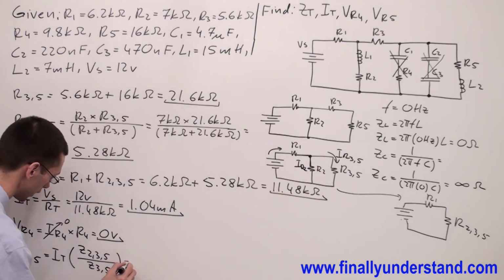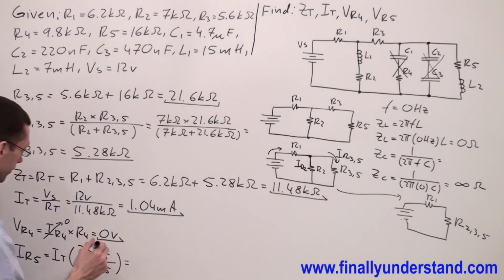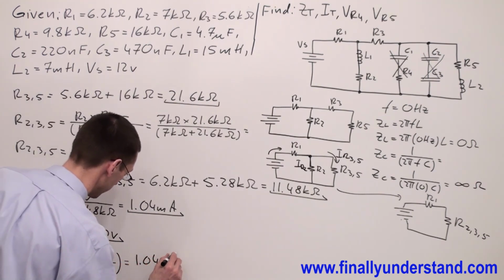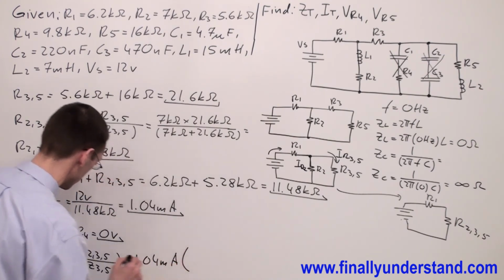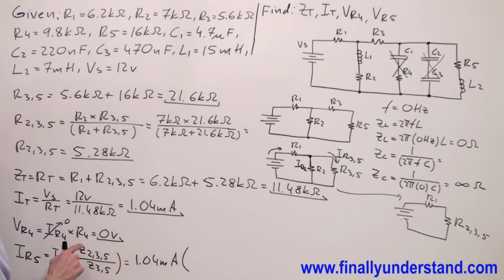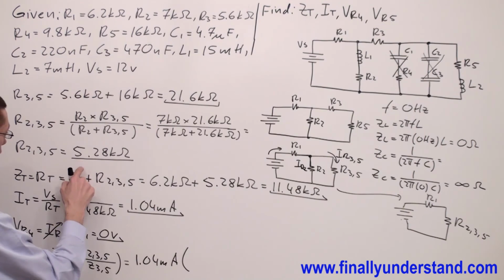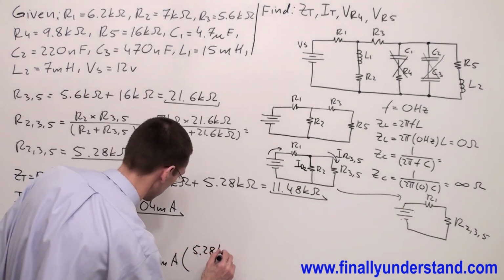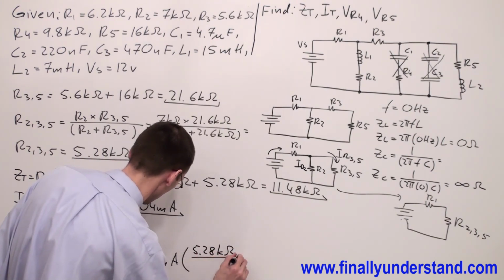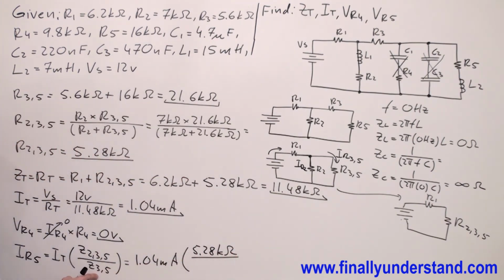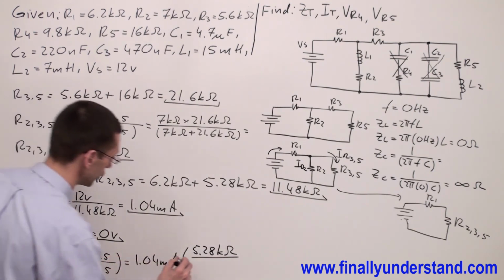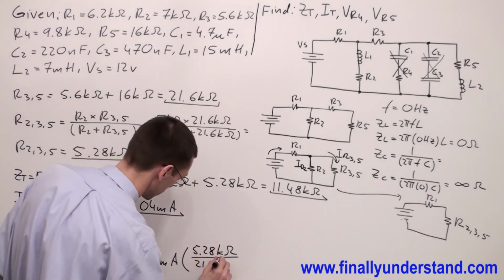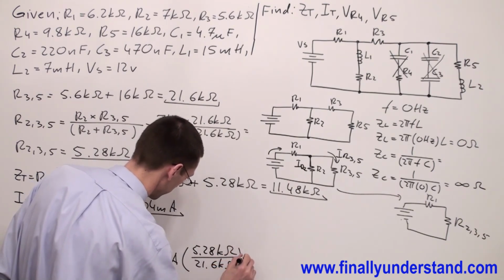So I have I total equals 1.04 milliamps times Z235, which is equal to 5.28 kilohms, over Z35, 21.6 kilohms.